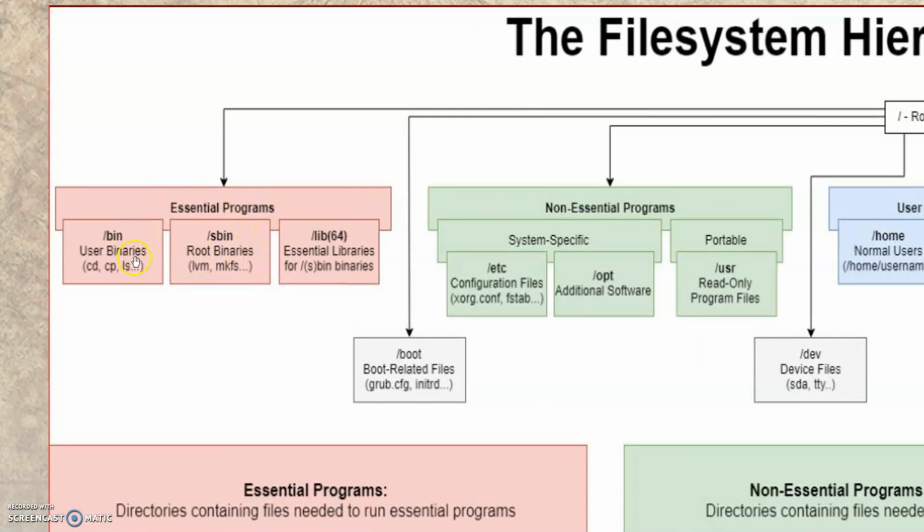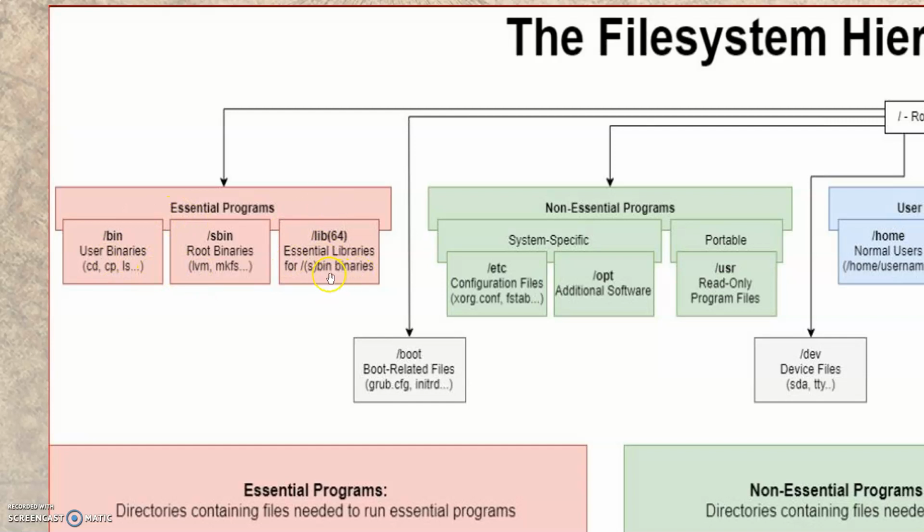So bin is for the command line commands, like cd, the change directory command. cp is for copying, that is a copy command. ls is for listing directories. So in bin is where all the user command binaries are. Then there are root binaries, and lib, the library essentials which need to work with the bin.